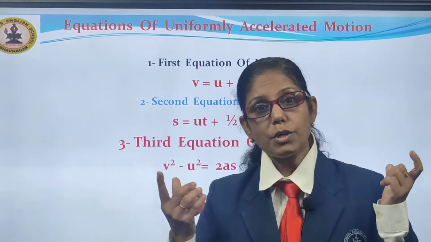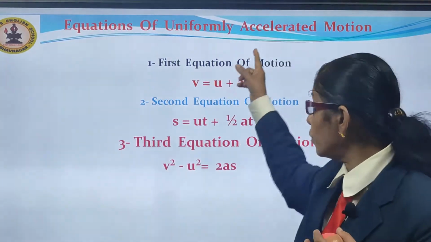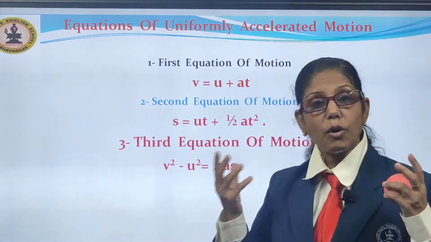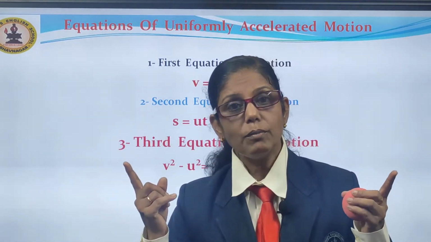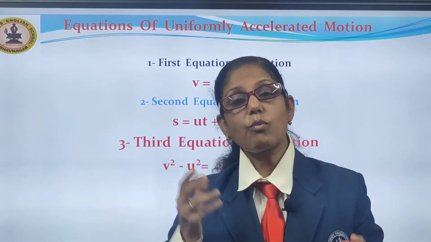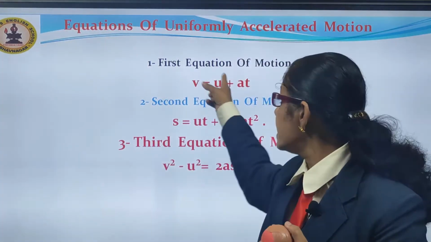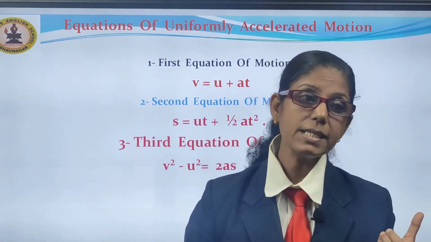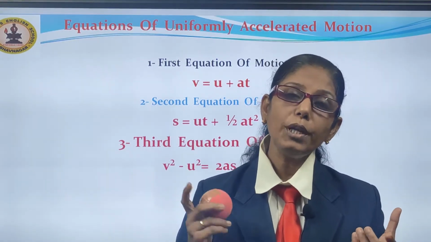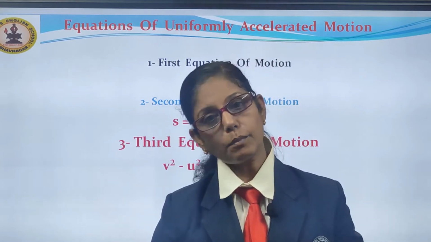Now, there is a question, whether we have to use equations of motion for all the types of motion? Yes or no? No. Then, for which type of motion are these equations of motion applicable? That is, for a uniformly accelerated motion.